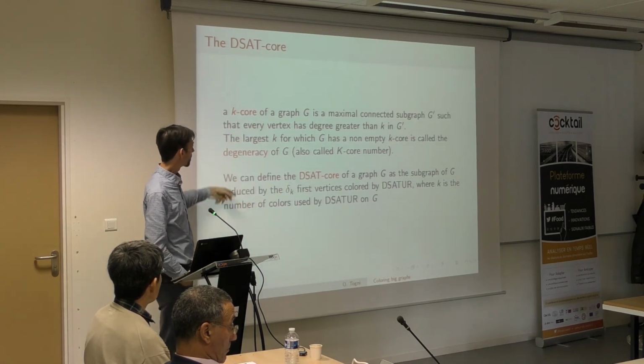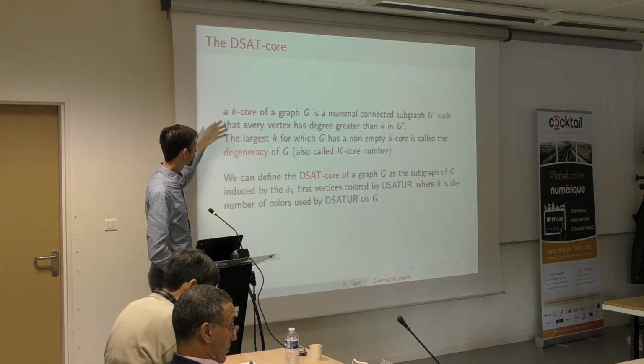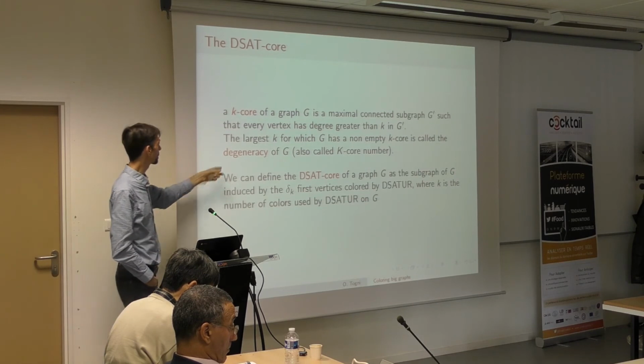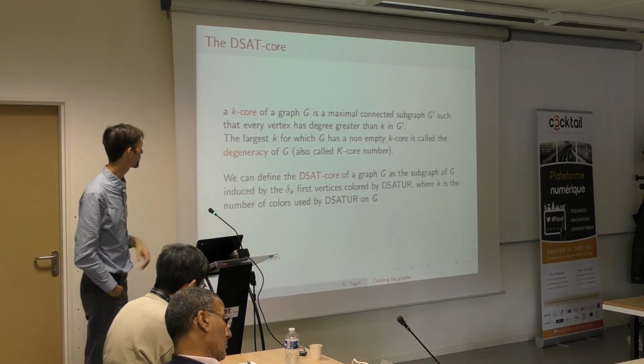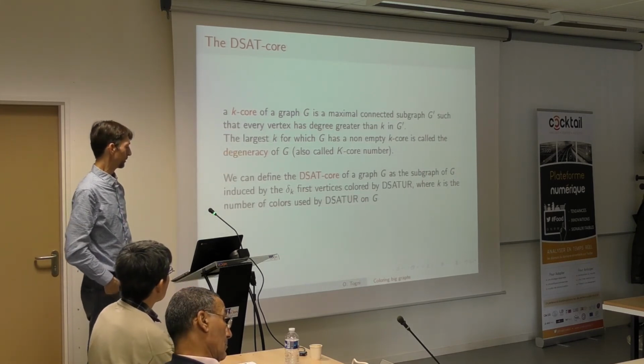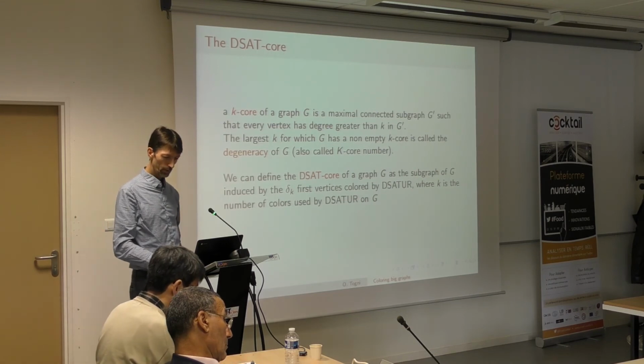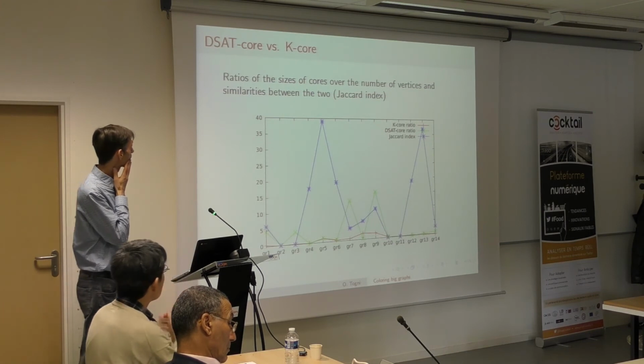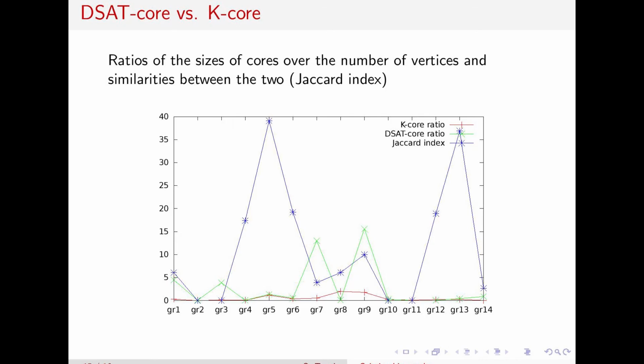And we can try to compare it with the K core, which is a well-known parameter in relation with the degeneracy of a graph. So I start to look at this, and I look at two things. So the ratios of the size of the cores over the total number of vertices.